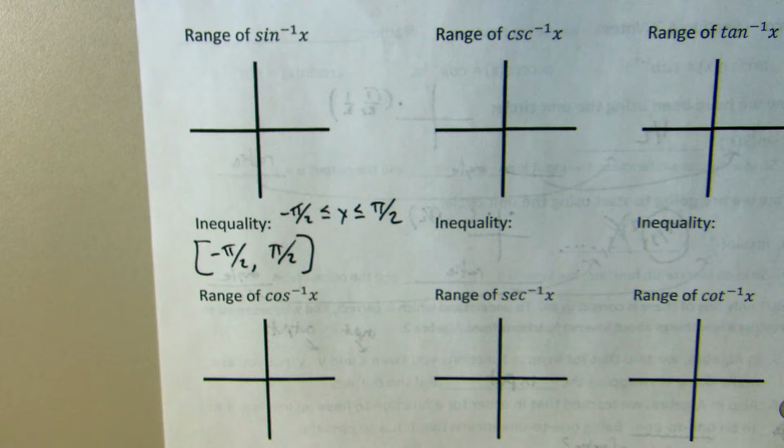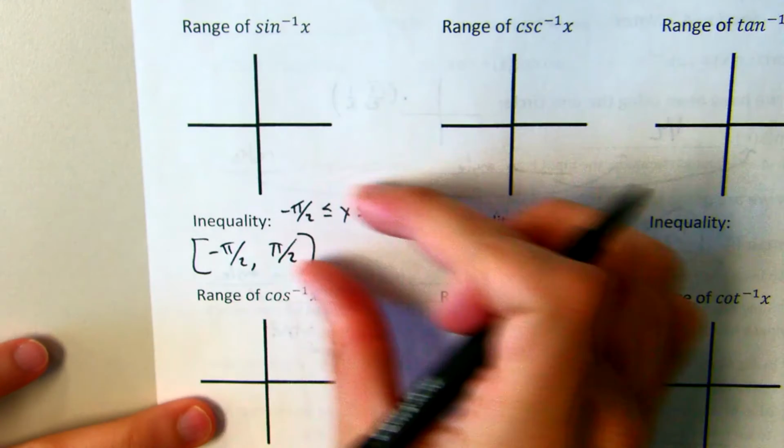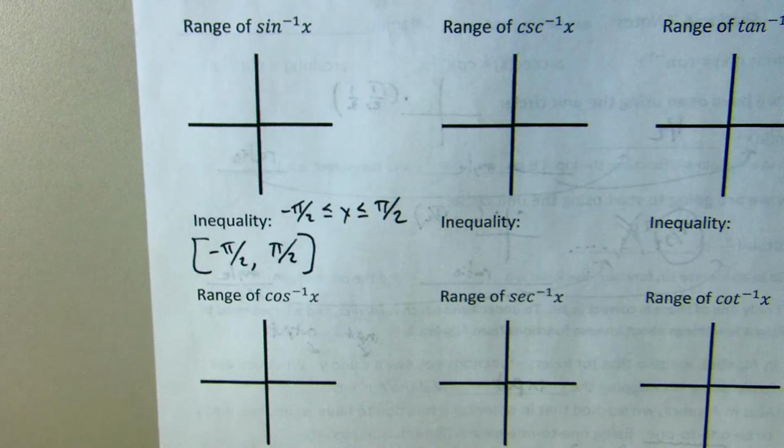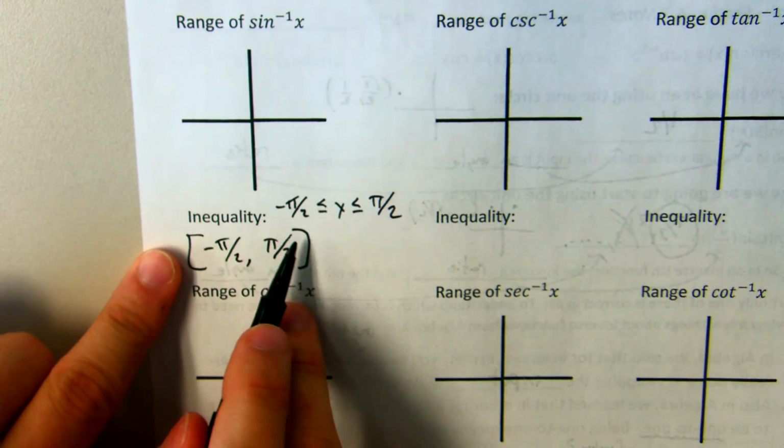Range over y values. So y is greater than or equal to negative pi over 2 and less than or equal to positive pi over 2. And you can memorize them these ways if you want to. That's the next handout. I'm going to have to rewrite these again. I think we will ask you to write like this for us and like this.